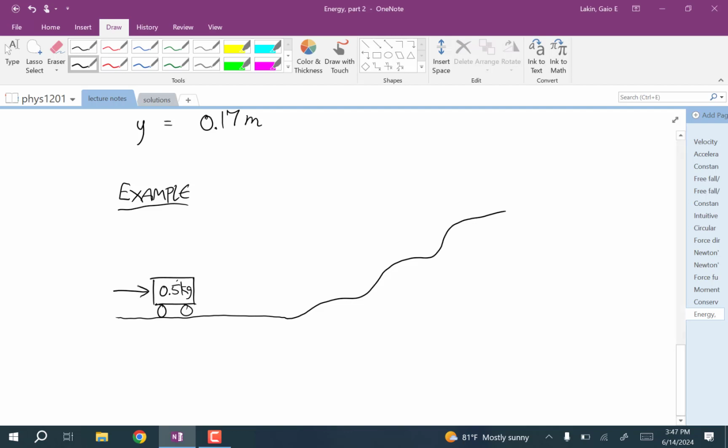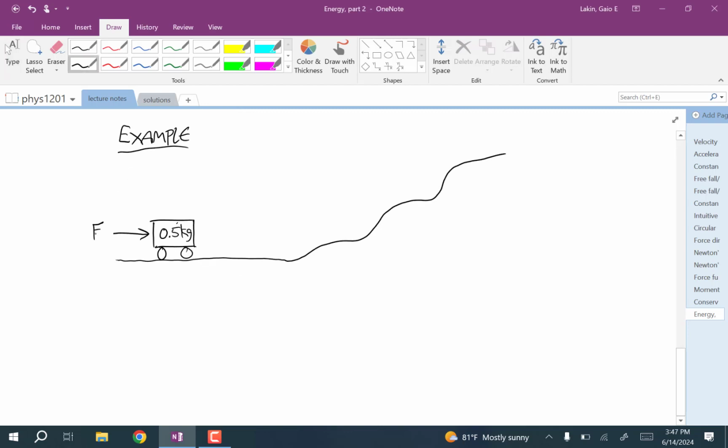And there's a force applied for some time interval here. And I'm going to say that this force is 50 newtons, and it's applied for a duration of 0.1 seconds.